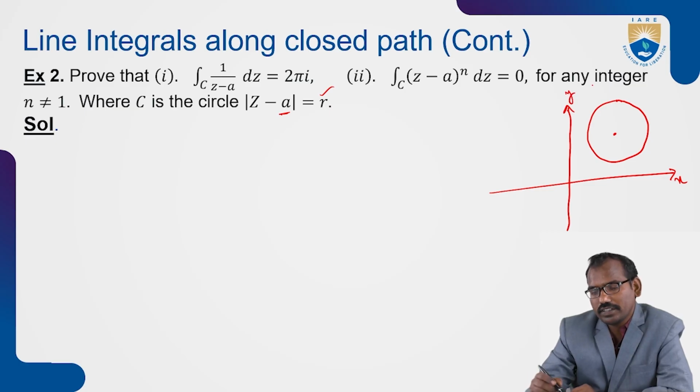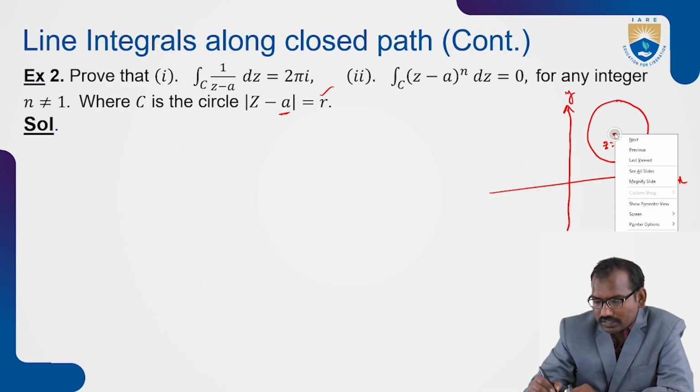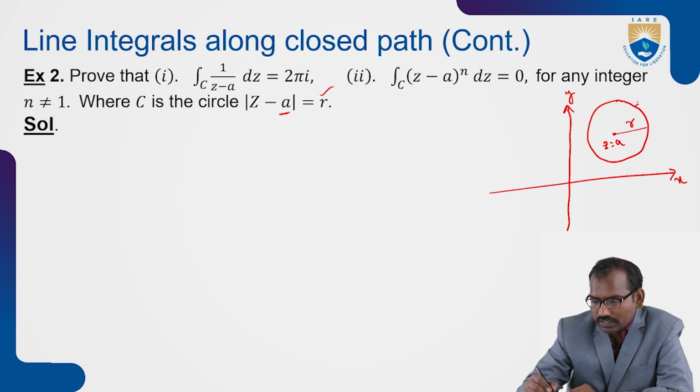It is a circle whose center is z equals A and the radius is R. This is our curve C, which is modulus of z minus A equals R.